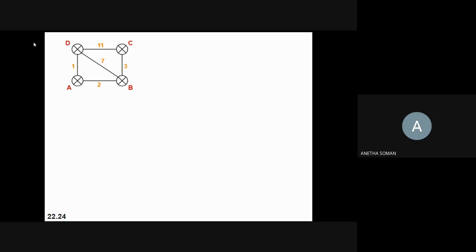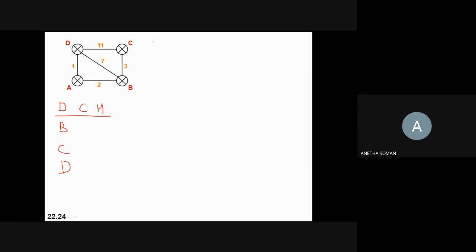So first, initially, I'm doing the routing table for A. I know what the costs are here. I'm having the destination, the cost, and the next hop. For A, who are the neighbors? B, C, and D are the neighbors.